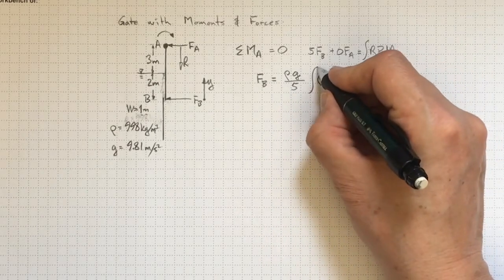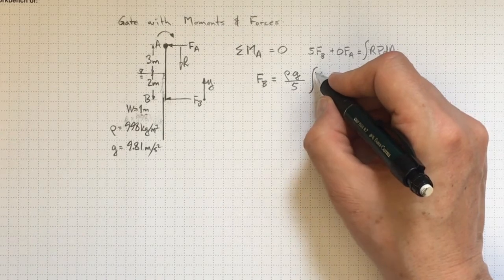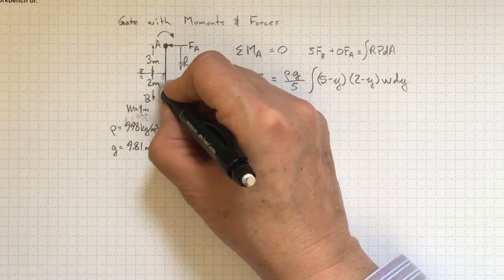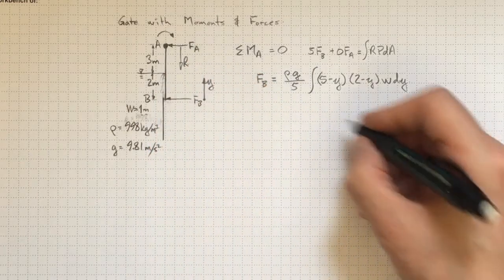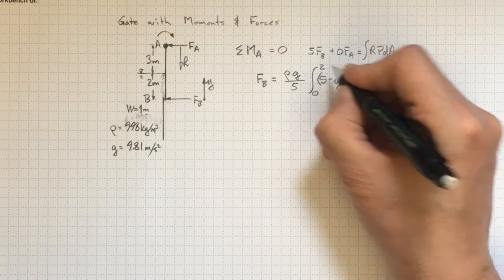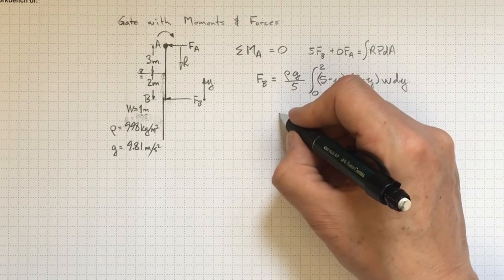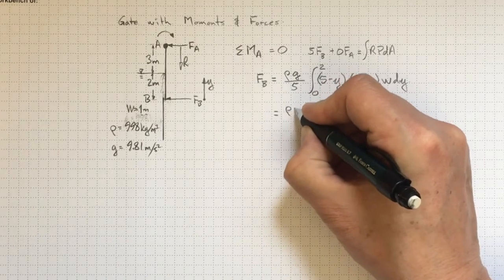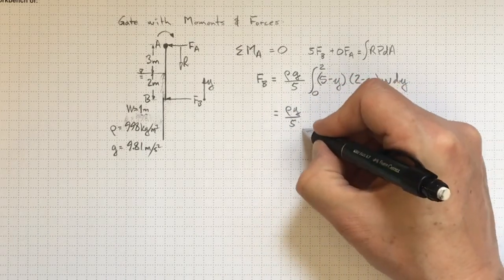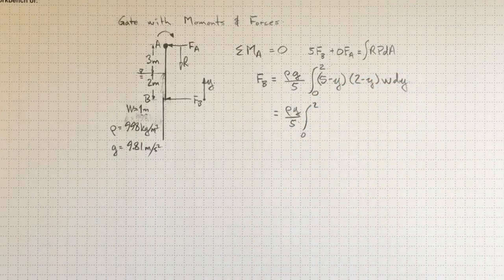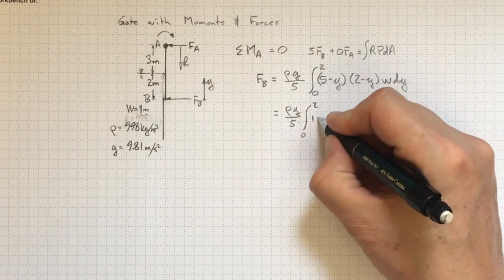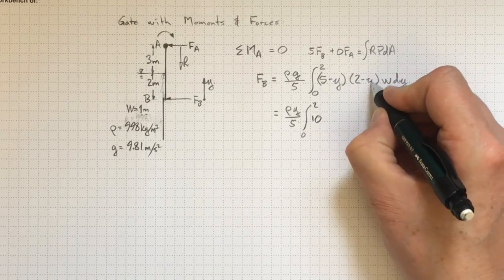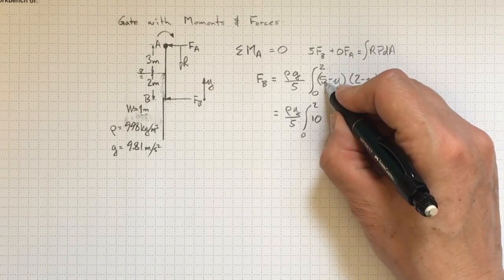And the region that we're going to integrate over, well, we have to go from y equals 0 to y equals 2 because that's where the water is applying the pressure here. So y equals 0 up to y equals 2. If I carry that through, I'll wind up with rho g over 5, integral 0 to 2. Then doing the multiplication, 5 times 2 is 10. Negative y times 2 is 2y. Negative y times 5 is 5y.